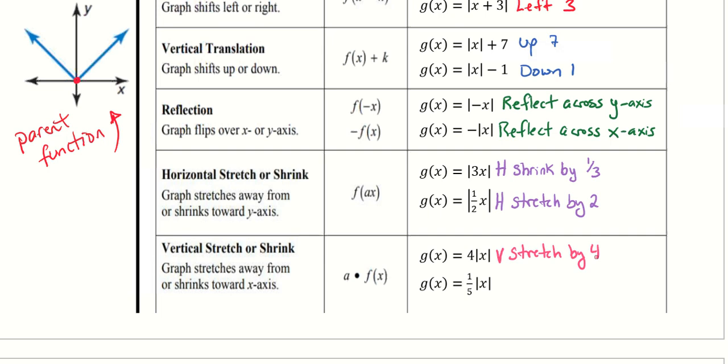Now, a vertical stretch is when we either stretch away or shrink in, get kind of squished down towards the x-axis. So if we have a 1/5 out front, that would give us a vertical shrink by a factor of 1/5.